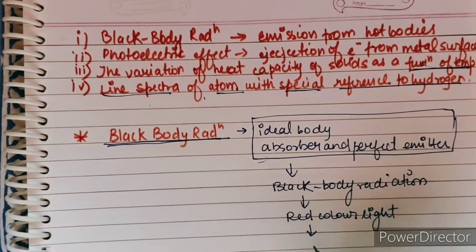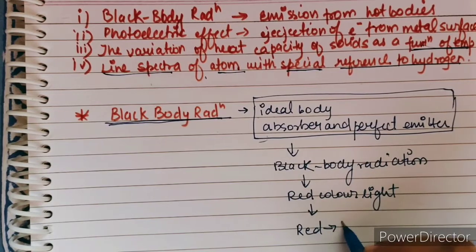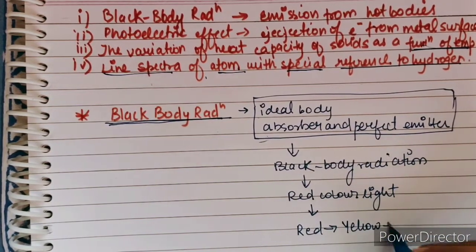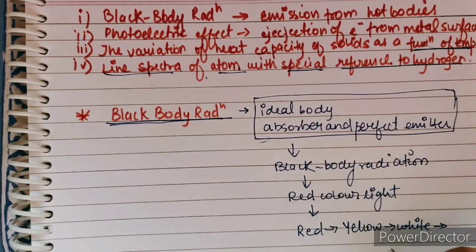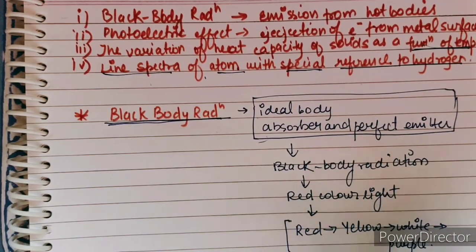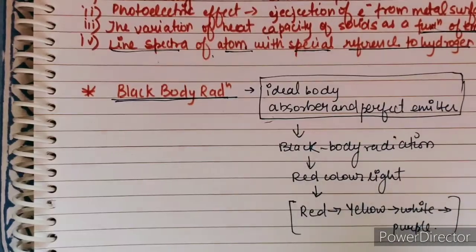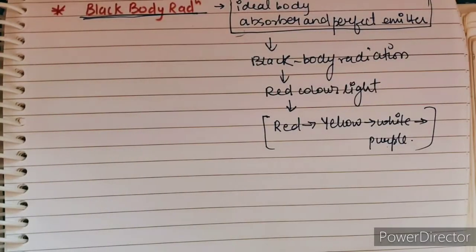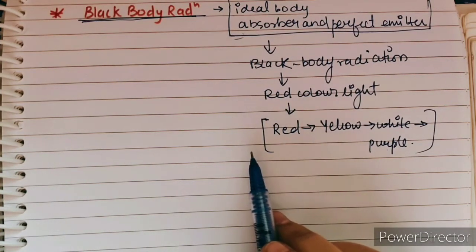It means that when we further heat the black body, the red color changes to yellow, yellow changes to white, and white in the last changes to purple. So as the temperature is further increased, the color of the radiation emitted changes from red to yellow to white and finally to purple as the temperature becomes very high.